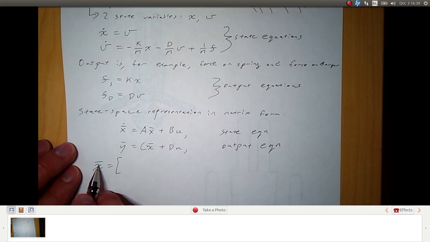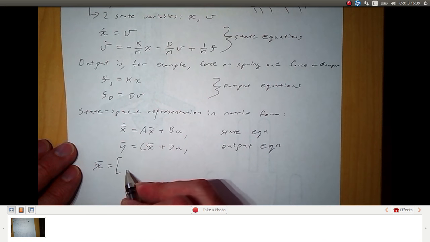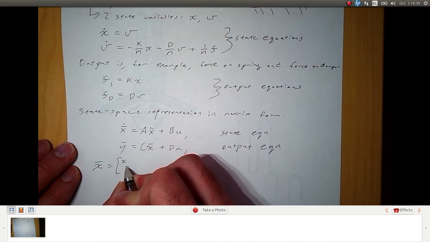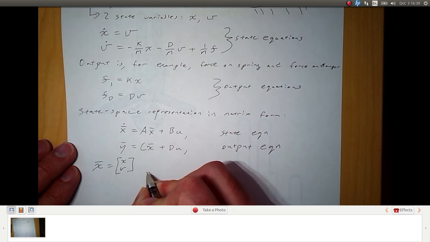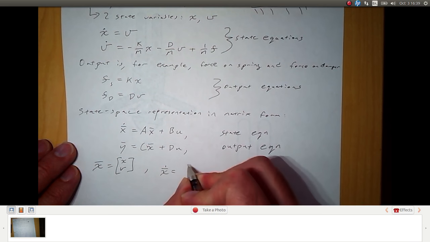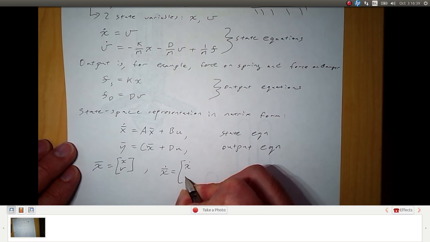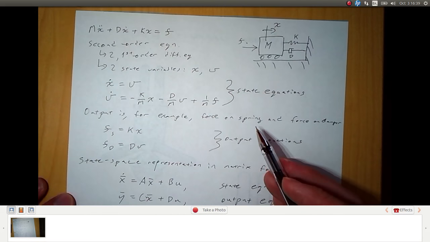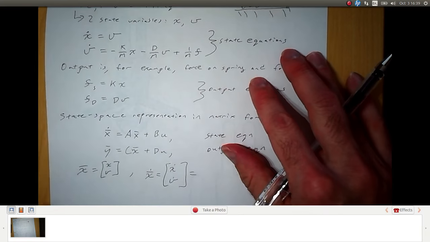Bar represents a vector, so that'll keep straight whether it's the state vector or a state variable called x. So anyway, x bar is equal to the vector x and v. So our state equation gives us x bar dot, which is x dot, v dot, and we're just rewriting our state equations up here in matrix form.